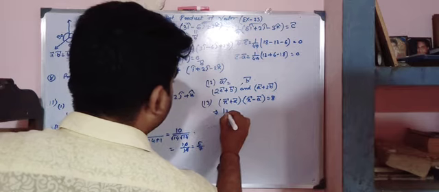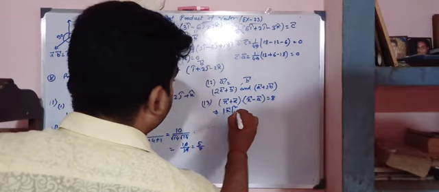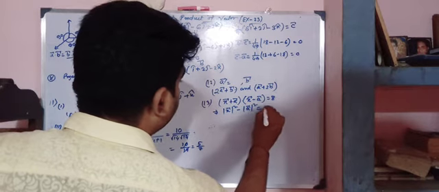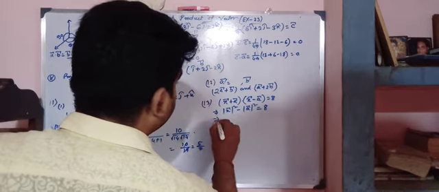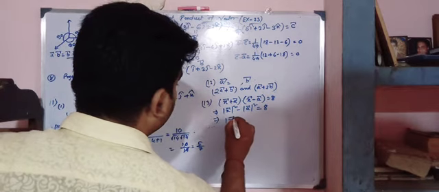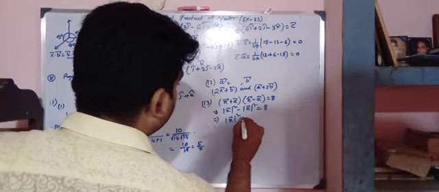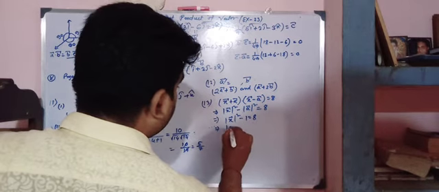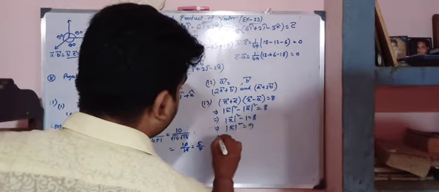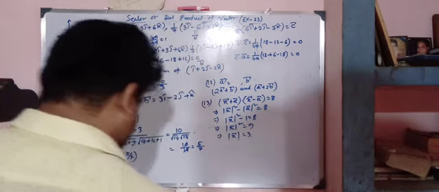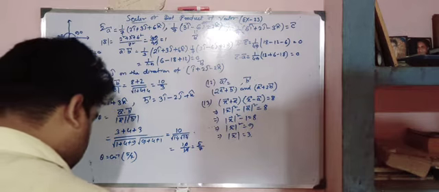That implies mod x square minus mod A square is equal to 8. Since A is a unit vector, its value is 1. So mod x square minus 1 is equal to 8. So mod x square is equal to 9. So mod x vector is equal to how much? 3. Next, move to another question.